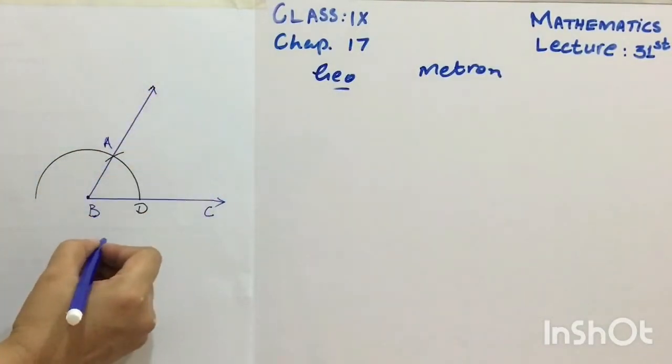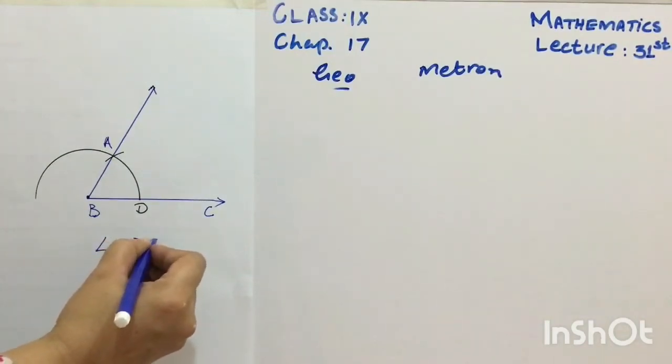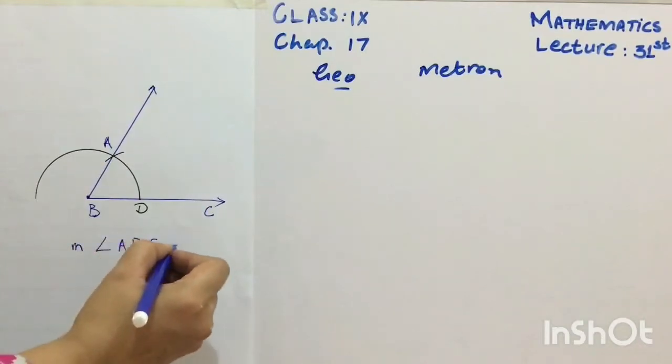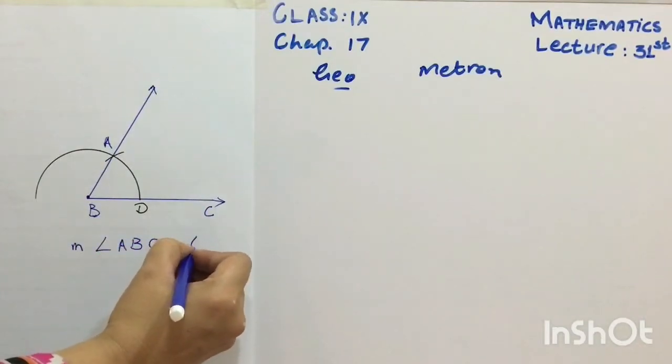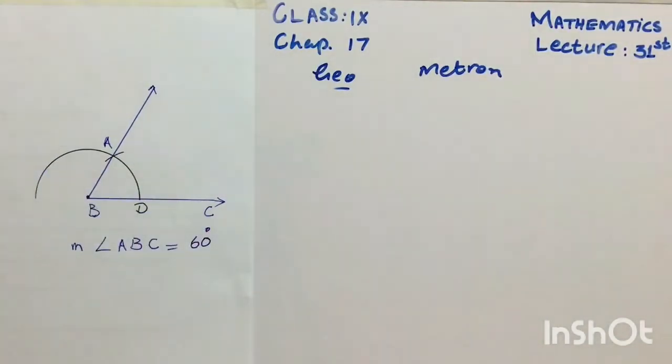Now angle ABC is formed with the measurement of 60 degrees. You see, to form an angle of 60 degrees with the help of a compass is quite easy.